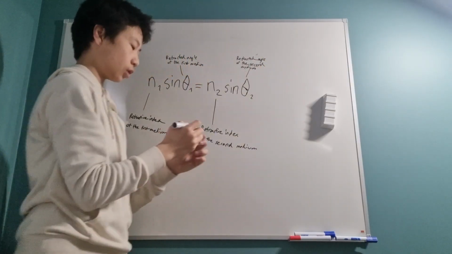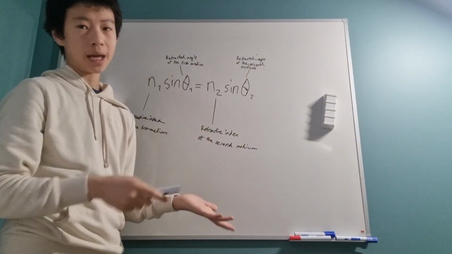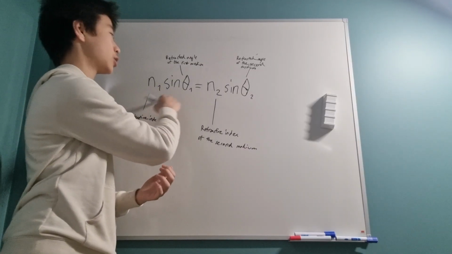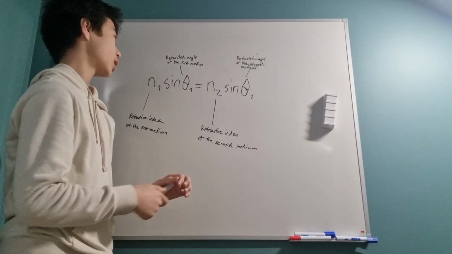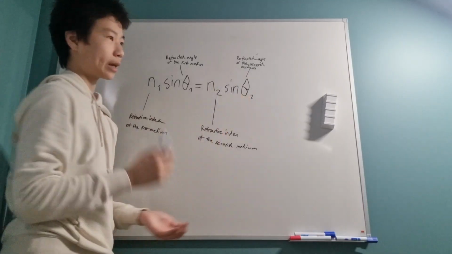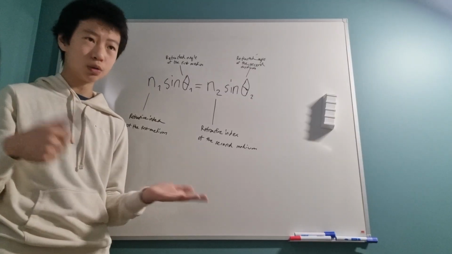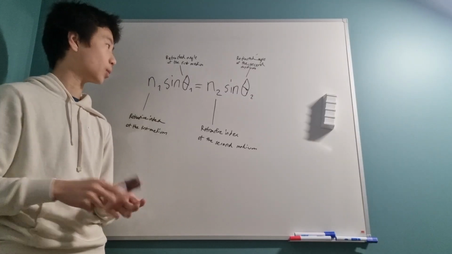As you probably have understood by now, the one means the first medium, and the two means the second medium. So you might be wondering, how can Snell's law possibly be useful?